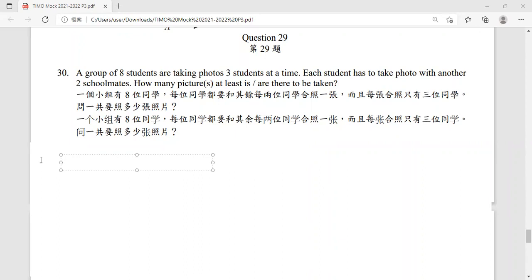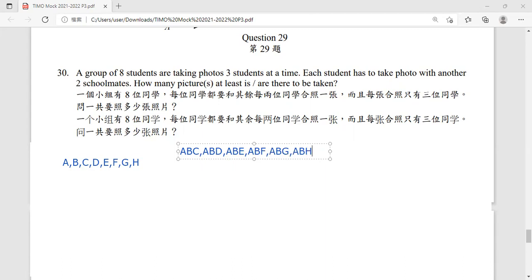So the method you can use is to name all the students A, B, C, D, E, F, G, H. Okay. Now we check the photos, which are ABC, ABD, ABE, ABF, ABG, ABH. Okay.